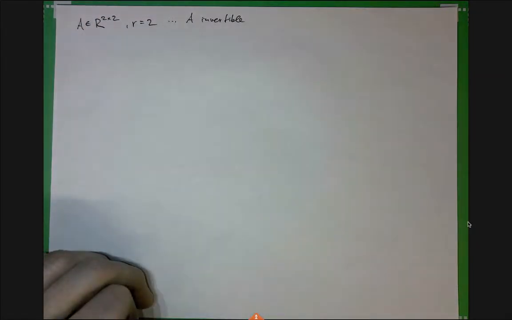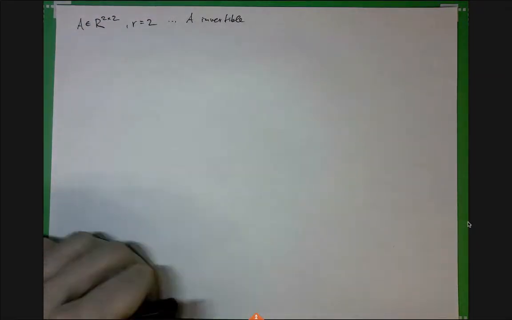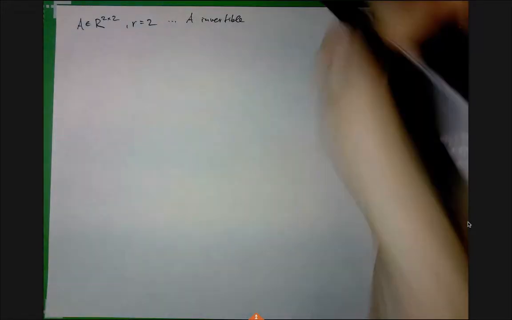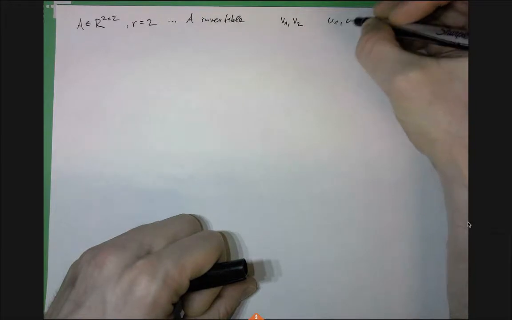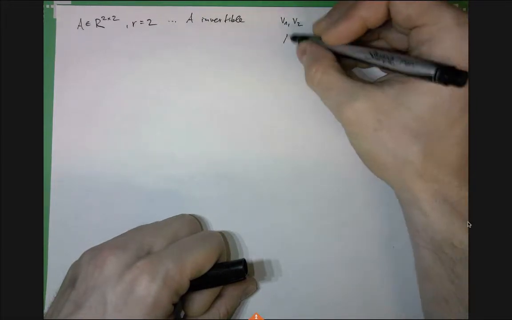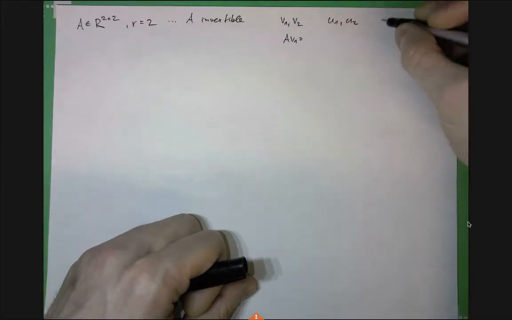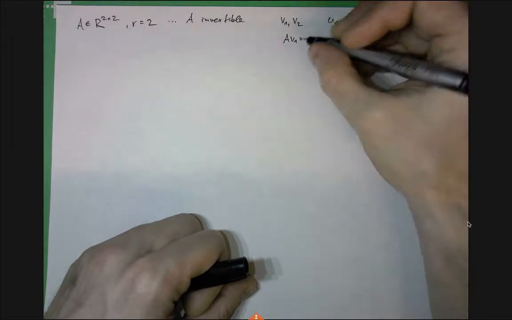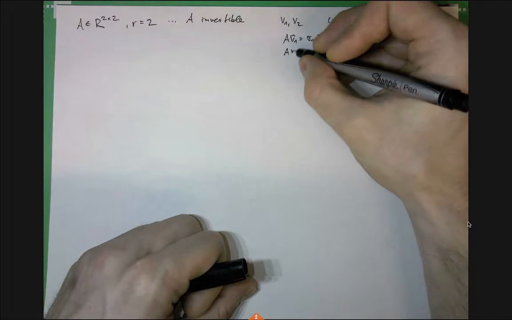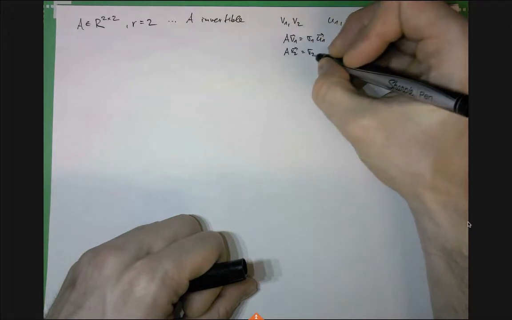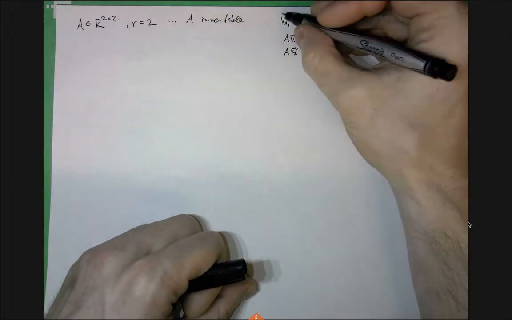So if we want to find the SVD of this matrix, what we need to do is to find V1 and V2 and U1 and U2, and sigma 1, sigma 2, such that AV1 will be sigma 1 U1 and AV2 will be sigma 2 U2, right?